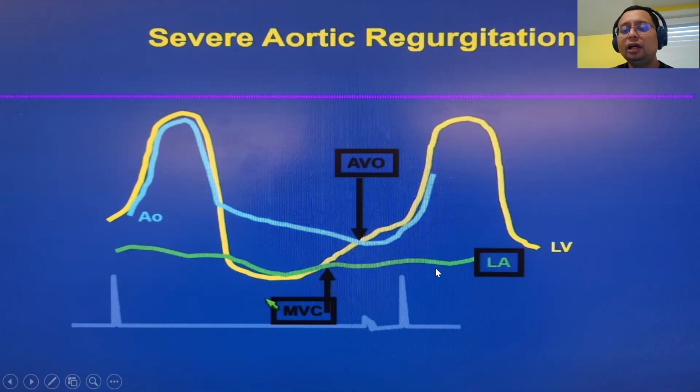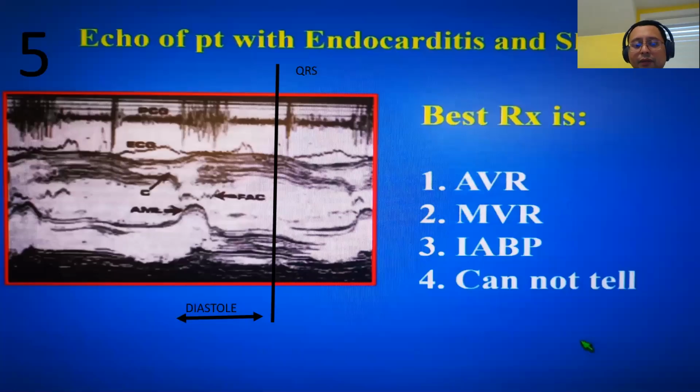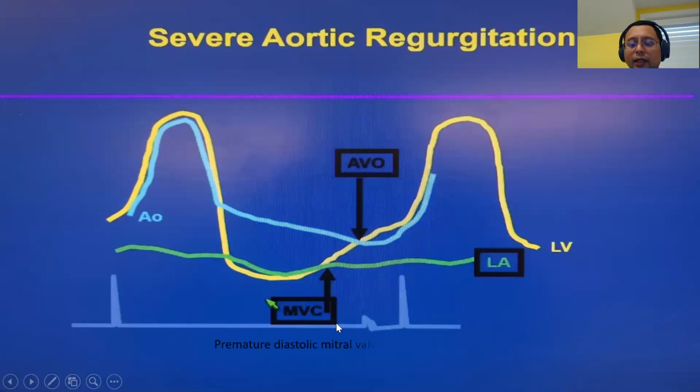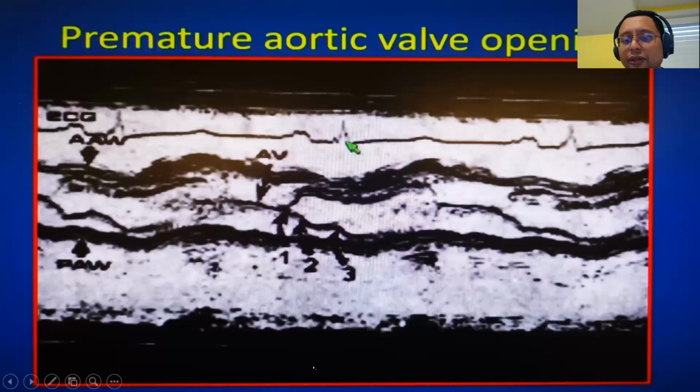And then you can have premature aortic valve opening as the left ventricular pressure is higher than the aortic pressure. This is a marker of severe aortic regurgitation. So this is premature mitral valve closure, the mitral valve closing before the end of diastole. Then this is premature aortic valve opening.